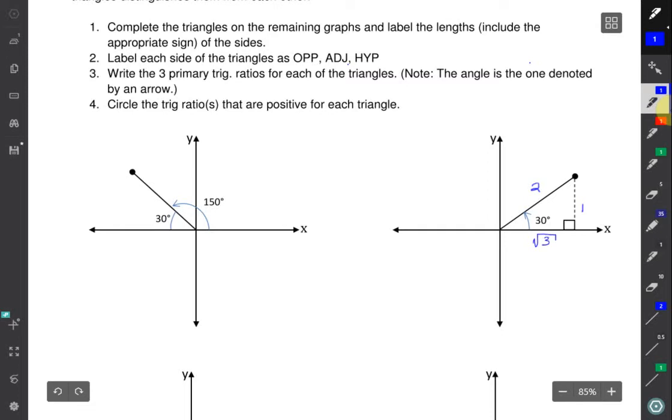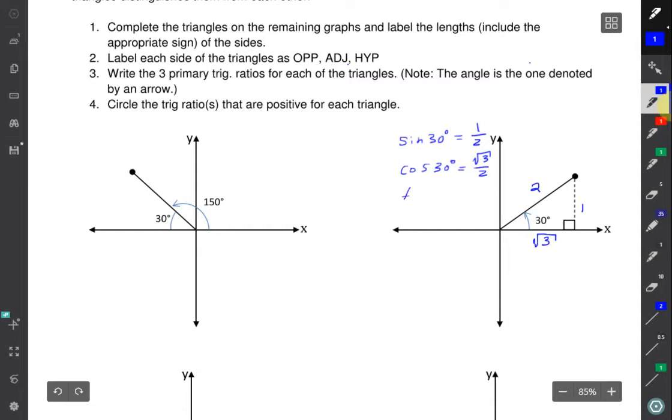Starting with this first triangle, this is the 1, 2, root 3. All of these sides are positive. This is what we're used to starting in grade 10 with trigonometry. The sine of 30 is equal to the opposite over the hypotenuse, which is 1 over 2. The cos of 30 is equal to the adjacent over the hypotenuse, which is root 3 over 2.